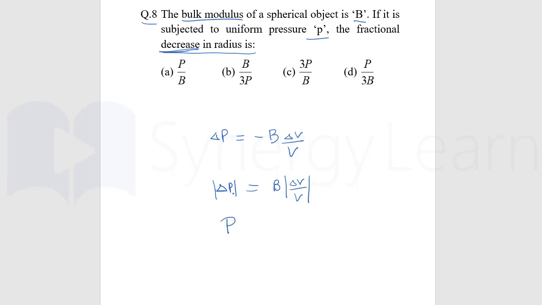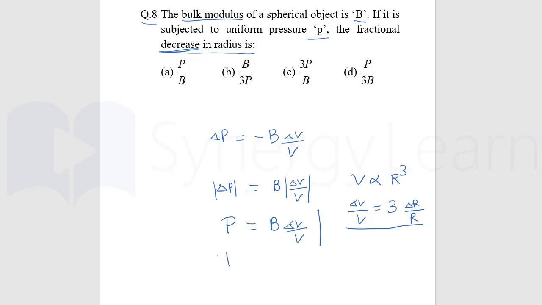So in place of pressure we have P is equal to B into delta V by V. But they are asking the fractional decrease in radius. The volume of a sphere is proportional to R cube. Hence delta V by V will be equal to 3 times delta R by R. This expression we obtain using the binomial theorem.